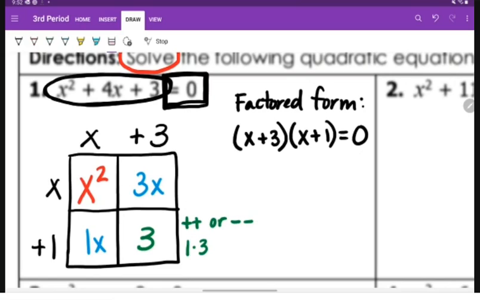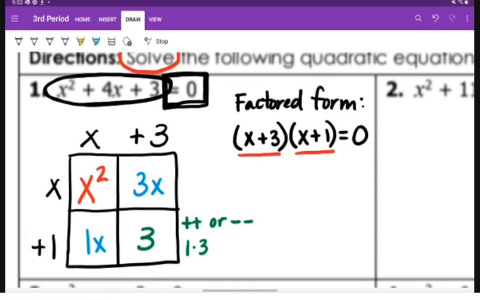So now look at what we have. In our factored form, we have 2 factors being multiplied together that equal 0. We've talked about this many times. If 2 things are multiplied together and that equals 0, what do we know about those 2 things? We know that one of them has to be 0.